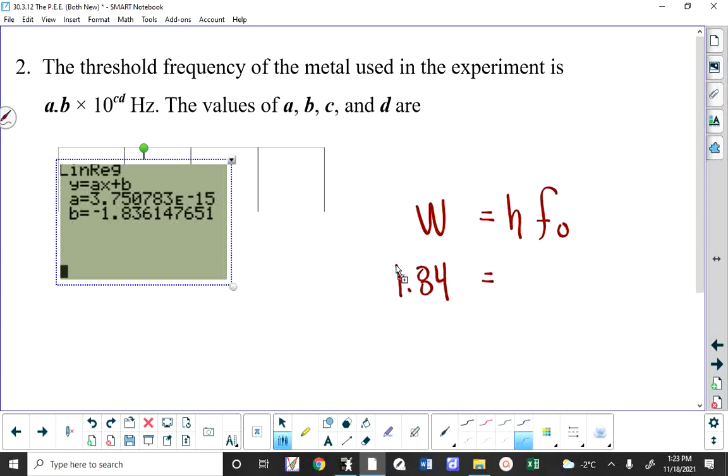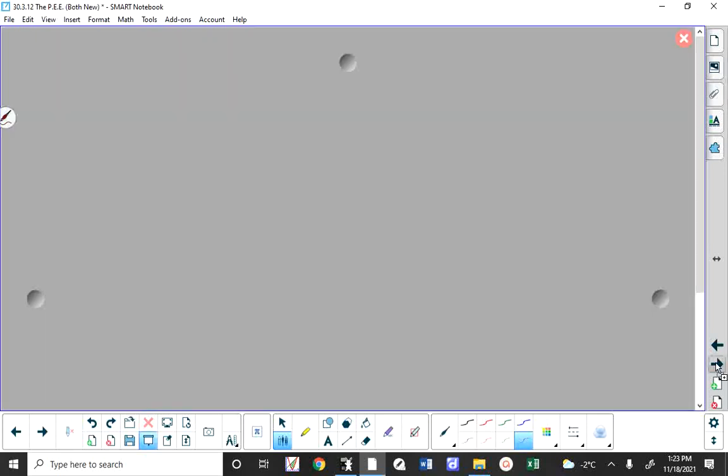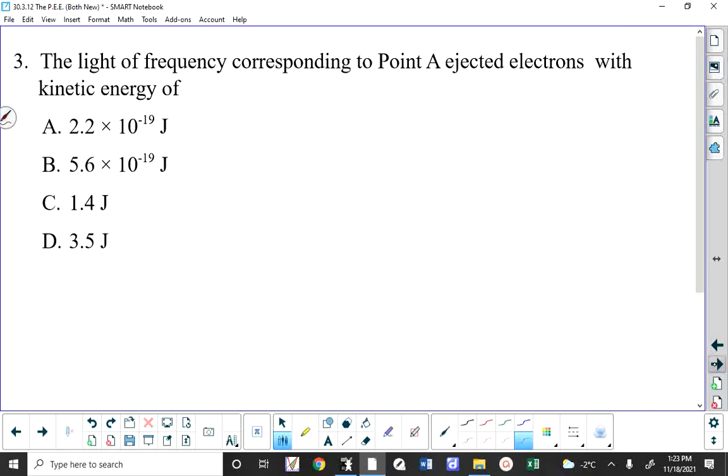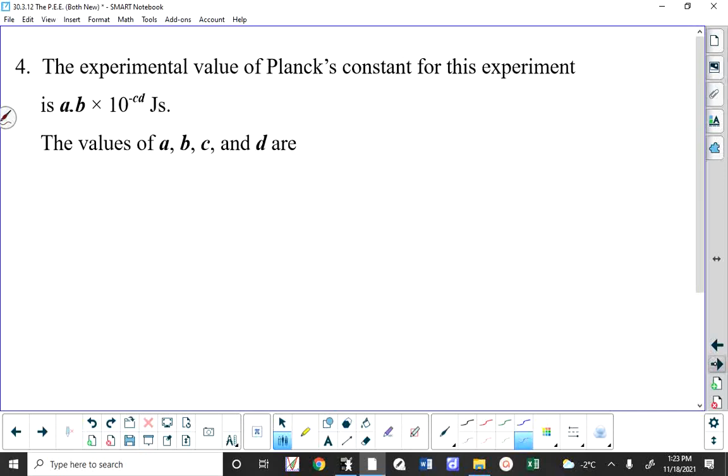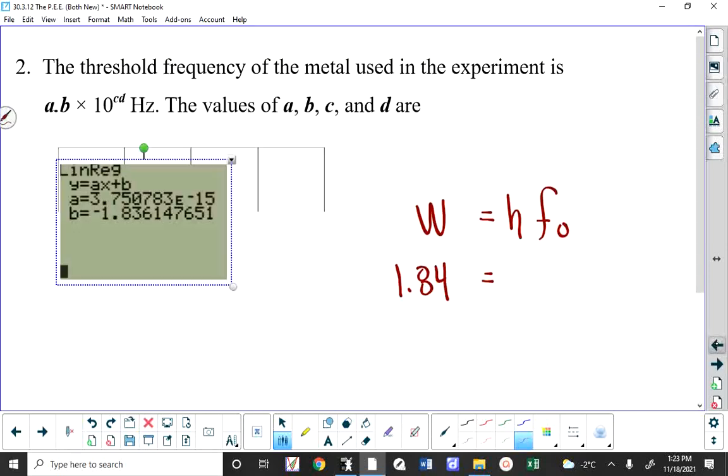And Planck's constant is not the number on your formula sheet. Planck's constant is the number that we get for the slope of the line. In fact, I believe the next question will be asking you about Planck's constant somewhere. There it is. But we need to know from the very top of this lesson that Planck's constant is the slope. So I can put in here 3.75 times 10 to the negative 15 times the threshold frequency.